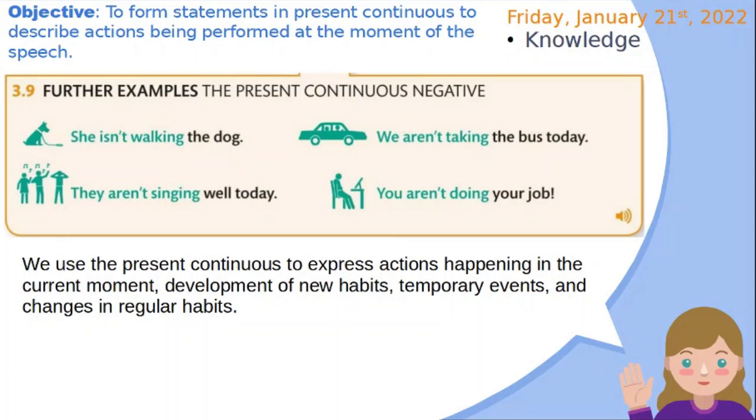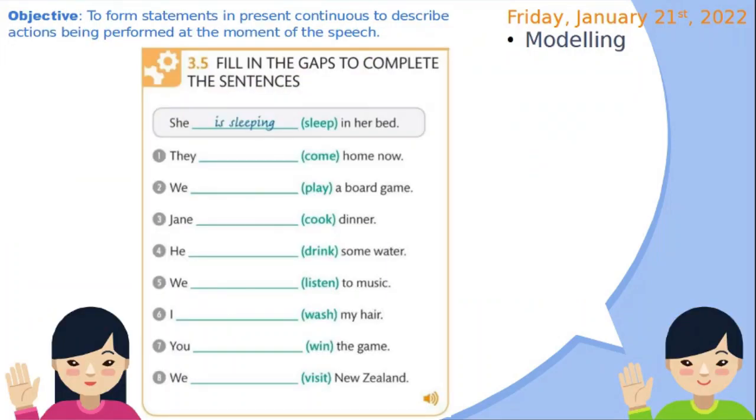Okay? So now let me model for you how to form statements in the present continuous. Lights, camera, action. Okay. Let me read my instruction. Fill in the gaps to complete the sentence.